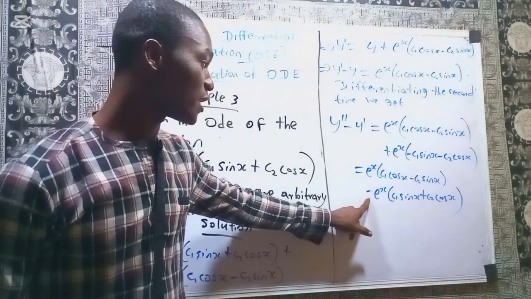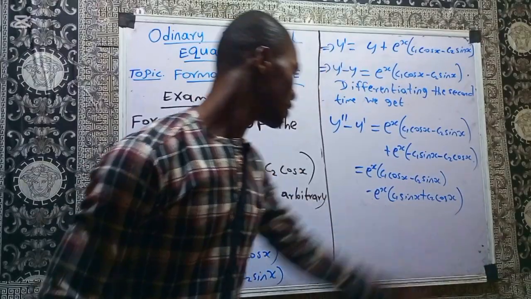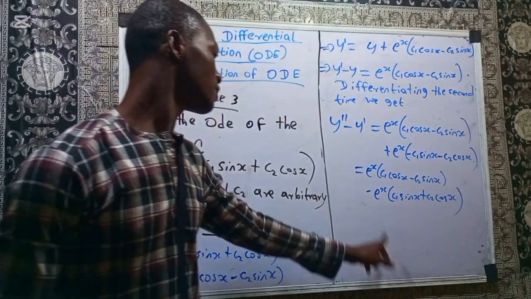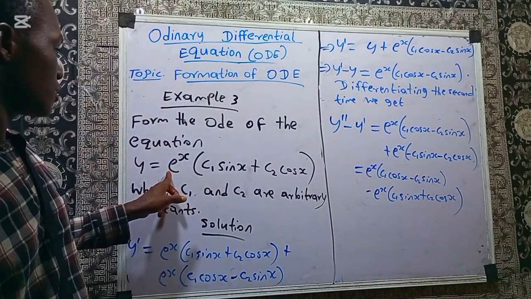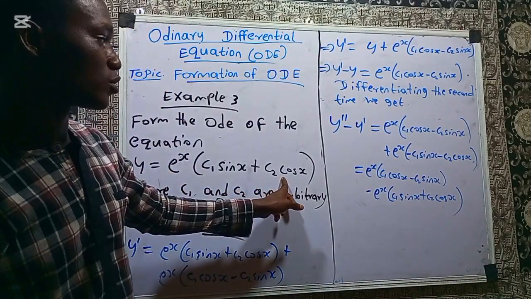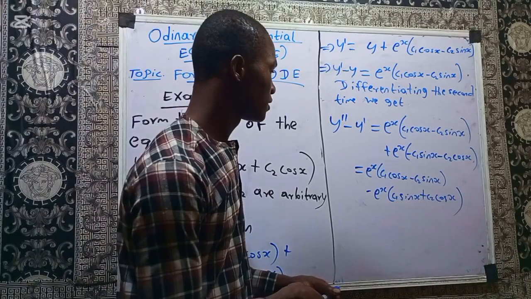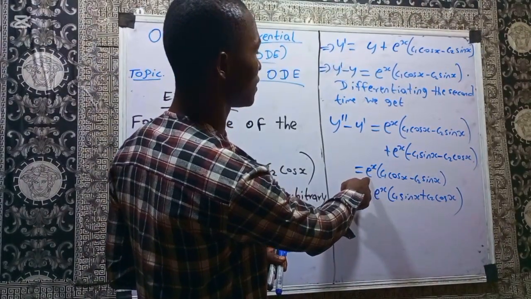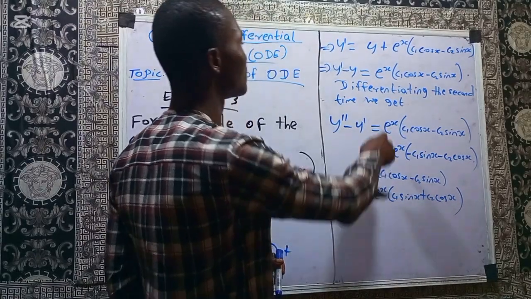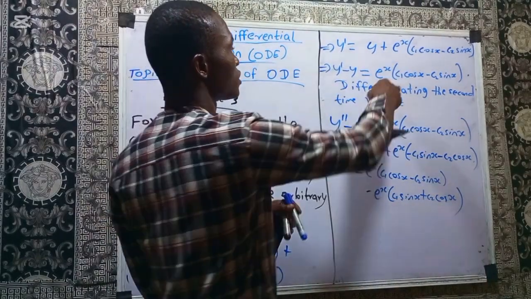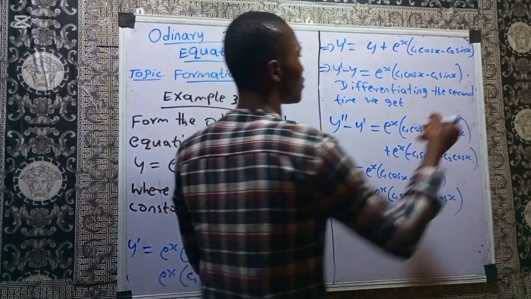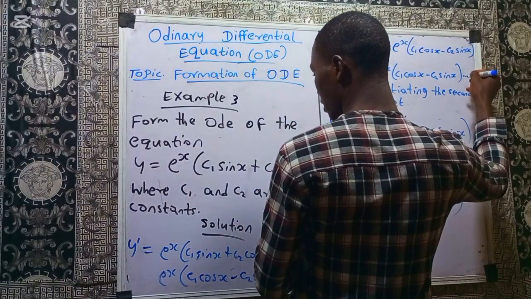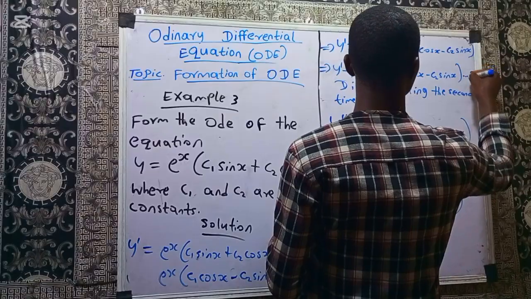Apart from the minus sign, the second term at the right hand side is the same thing as your original function y. Then the first term at the right is the same thing as this quantity we have here. Let me call it equation 2.